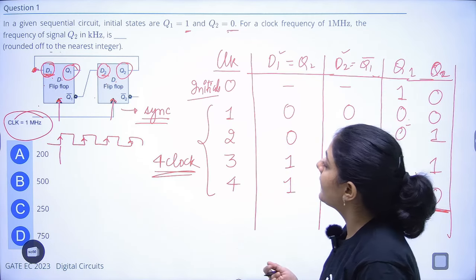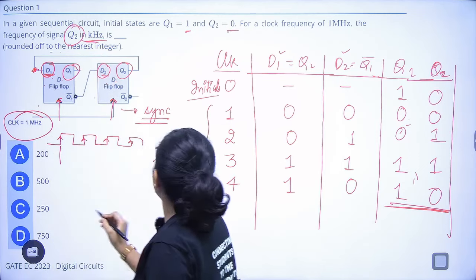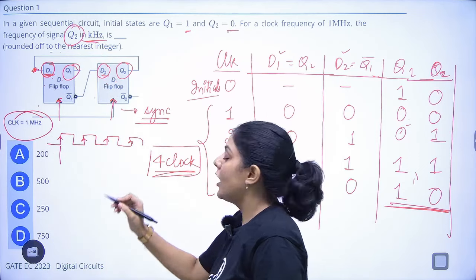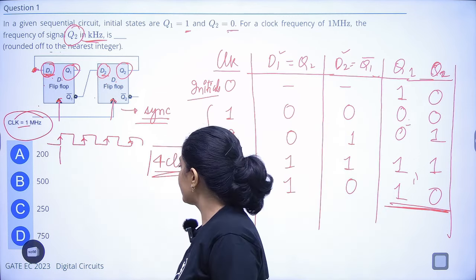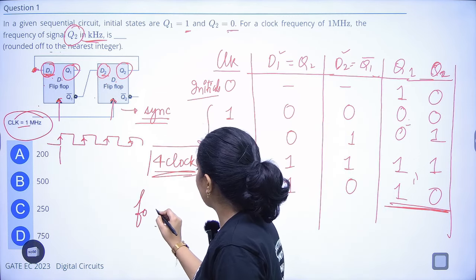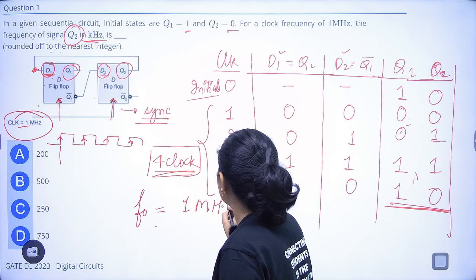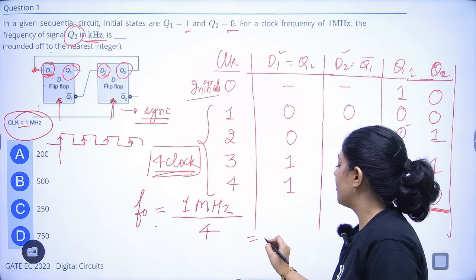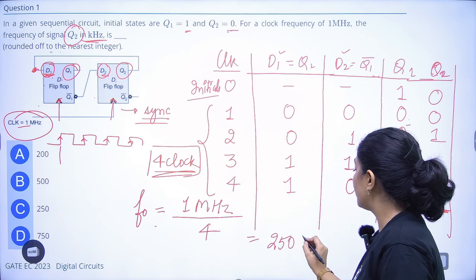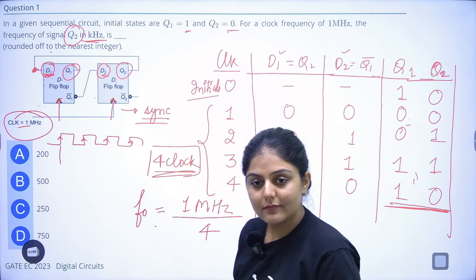The question asks what is the frequency of Q2 in kilohertz. It is repeating itself after 4 clocks. The main clock was 1 megahertz, so the frequency F0 will be 1 megahertz divided by 4, which is 250 kilohertz. Easy?